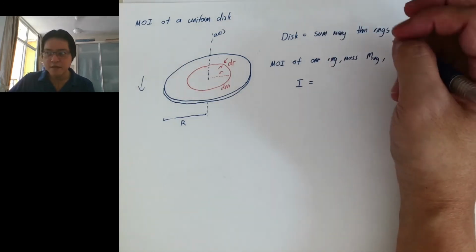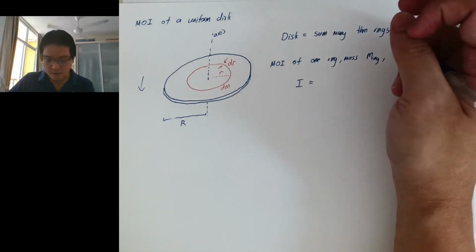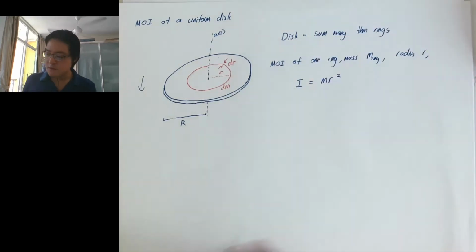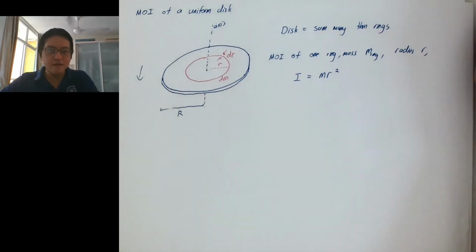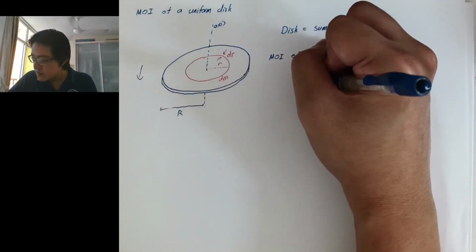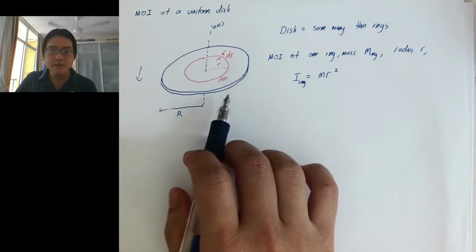Just mr squared. Wait, let me just check, I suddenly can't remember. So mr squared. Okay, so yes, we are on track. So this is for one ring: mr squared.